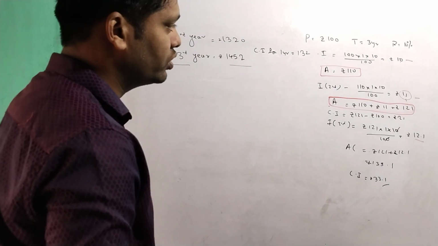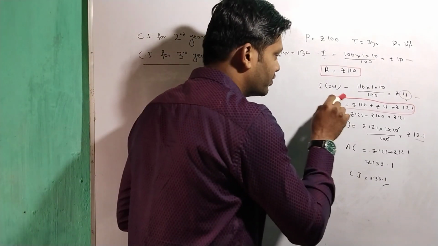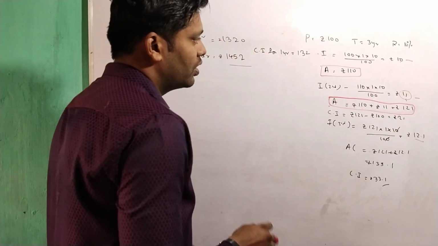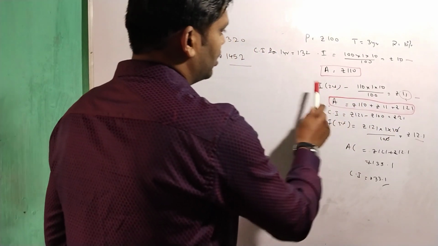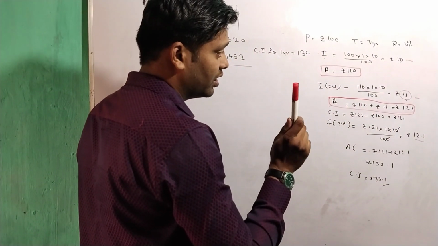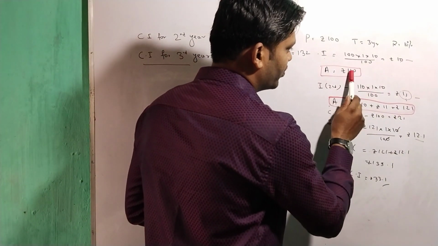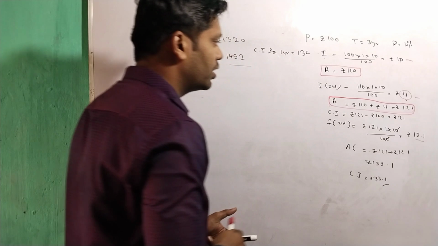If I subtract these two, I am going to get the compound interest for the second year, not 2 years, just the second year. This one minus this one.